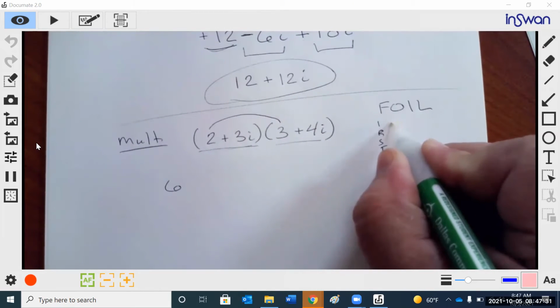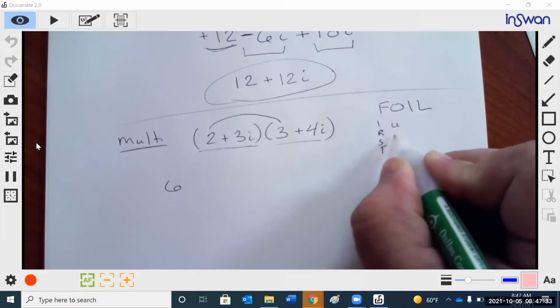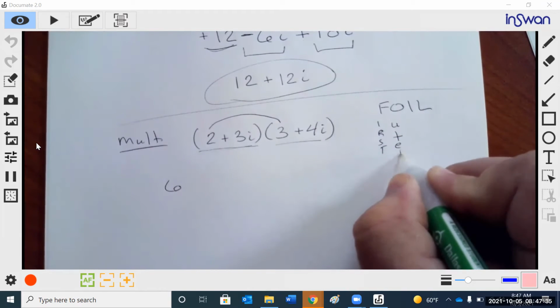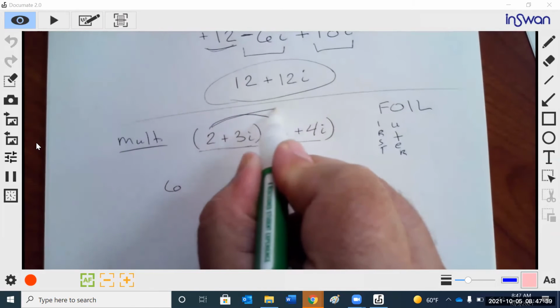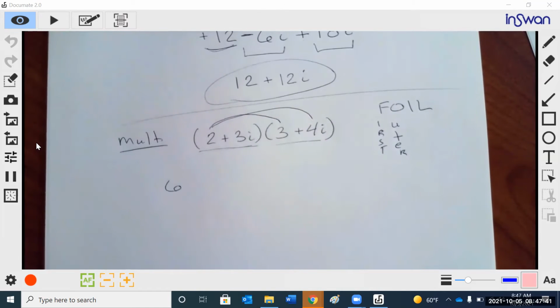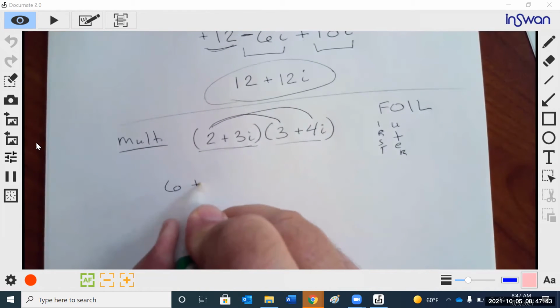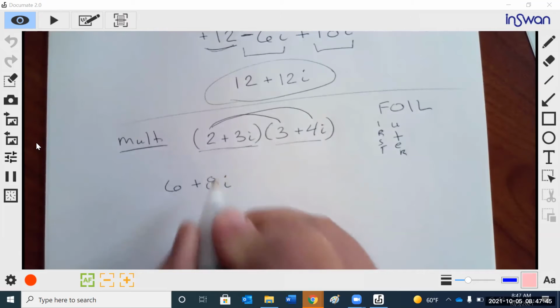What does O stand for? Outer. So 2, they're both positive. 2 times 4 is positive 8i.